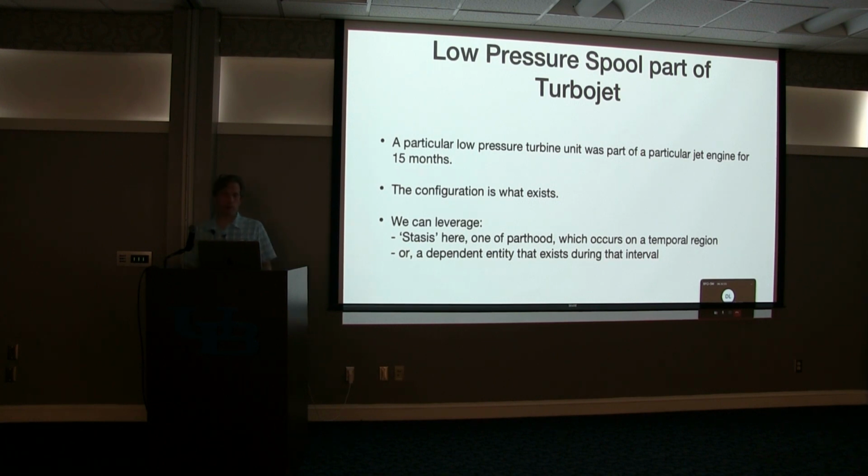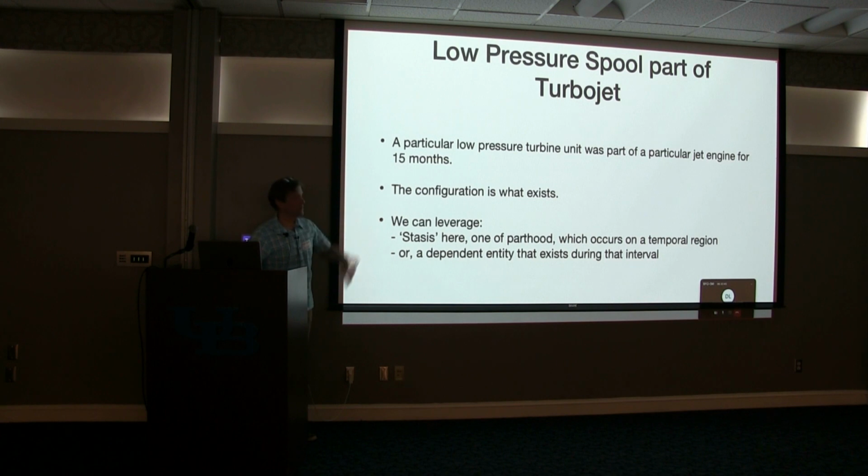So, the relational model, the second bullet, we have what I'm calling a non-dependent relationship, parthood. A low-pressure turbine unit is part of an engine for a 15-month period, right? And anyone who's worked with maintenance data and fleet data has seen stuff like this before.